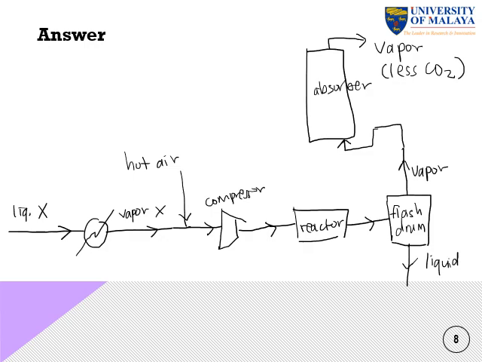So the absorber will release the vapor with less CO2, but the absorber also needs something, meaning a liquid solvent. It doesn't say in the question, but you should know based on lecture 3, overview of unit operations. So for an absorption tower or a scrubber or a stripper, you need 2 inlets and 2 outlets: 1 gas, 1 liquid, 2 gas and 2 liquid.